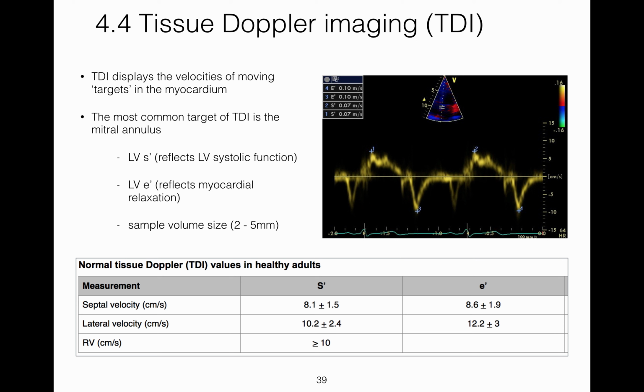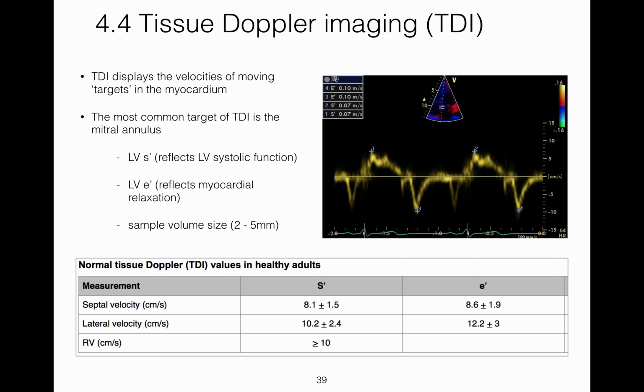As indicated on the table, a normal septal S' velocity is approximately 8 centimeters per second, and a normal E' velocity is approximately 9 centimeters per second. It's important to appreciate that tissue Doppler does not analyze the spatial displacement of the myocardium, but the direction and speed.